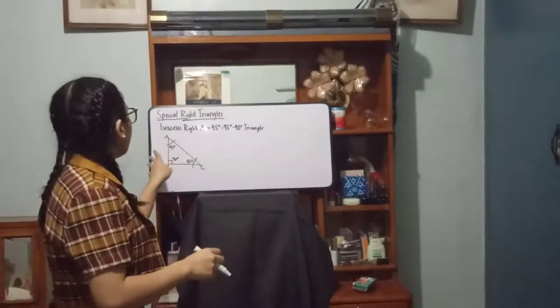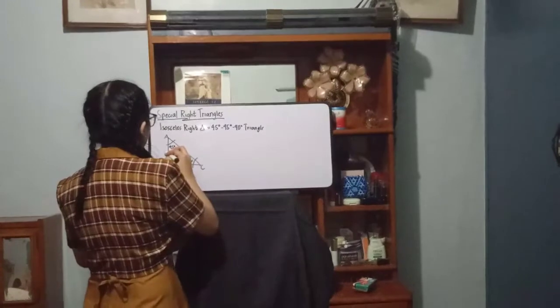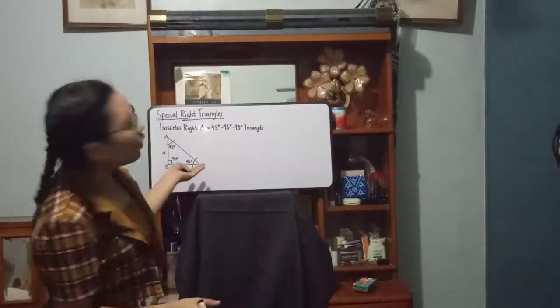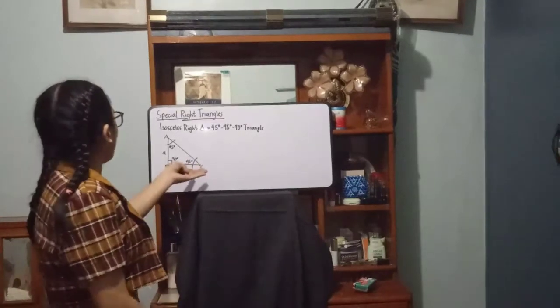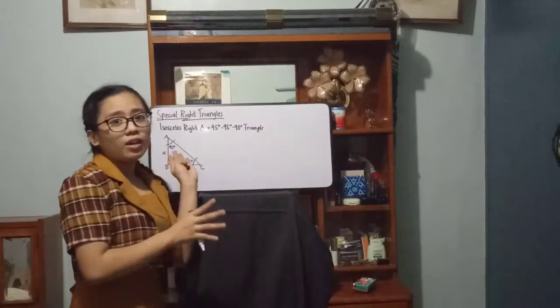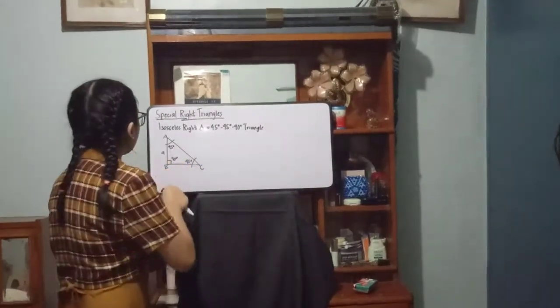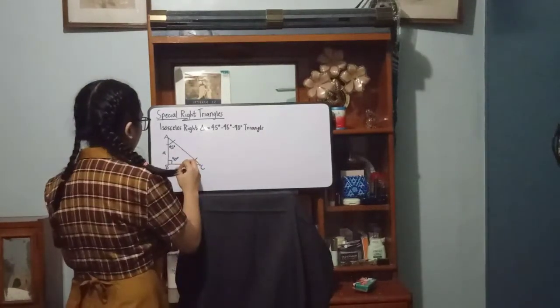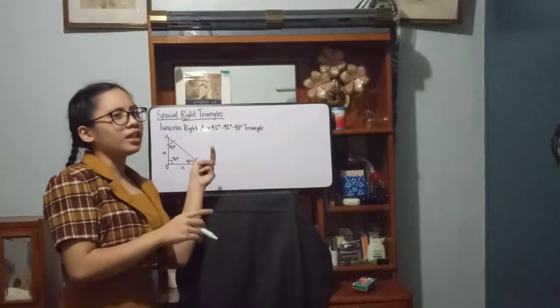Let's name this side small letter a. If this 45 degree angle has a side a opposite it, then this side would be small letter a too. And let's name this side c.